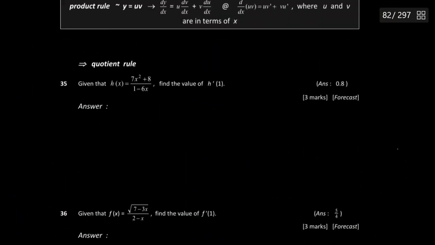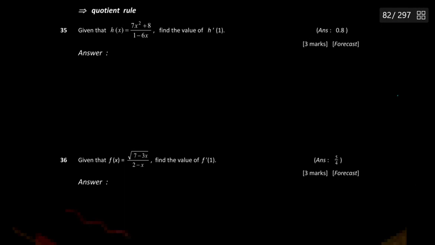Question 35. Find the value of the first derivative of h. The top one will become the u, the bottom one will become the v. So u is 7x squared plus 8. v is 1 minus 6x. Find du dx: 14x.